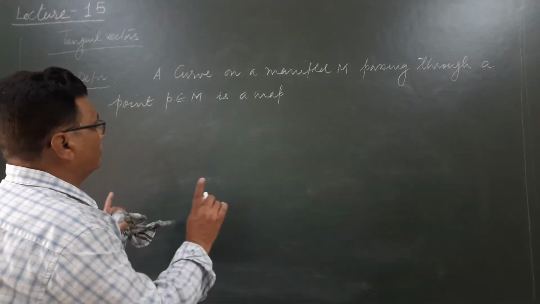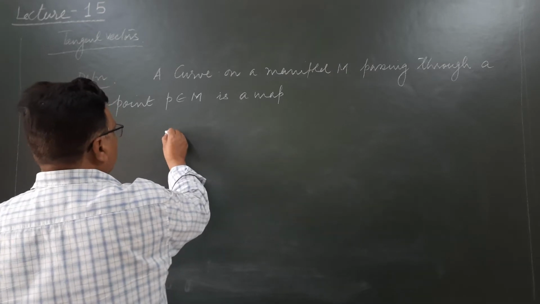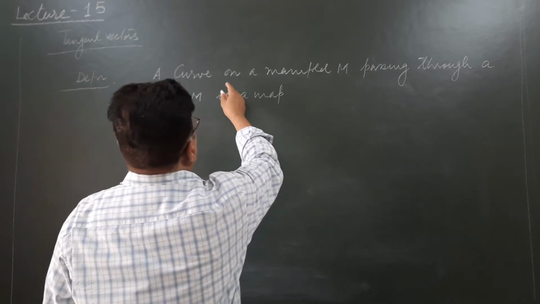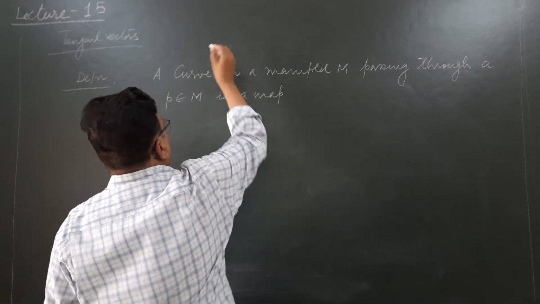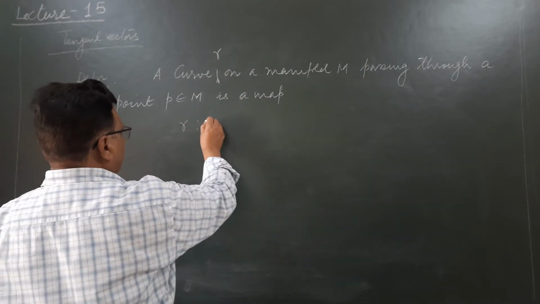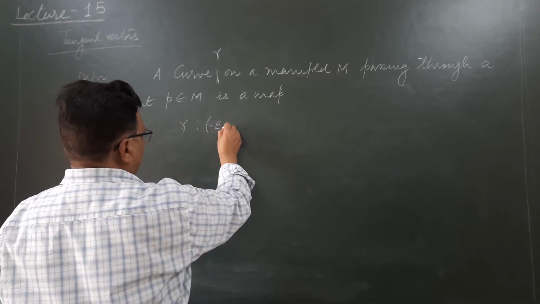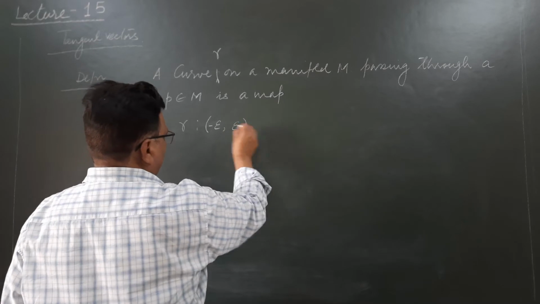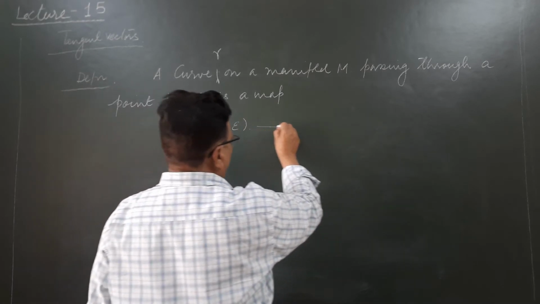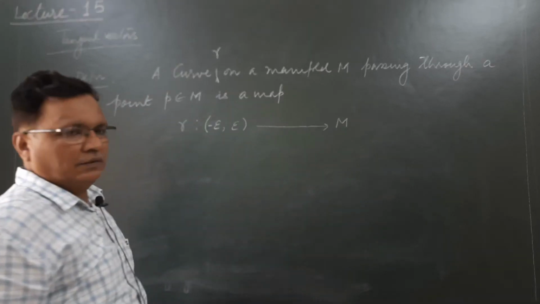We are going to assume this throughout. So it's a map, a curve gamma, let us name it gamma. So gamma I am treating as a map from minus epsilon to plus epsilon into M. Okay.